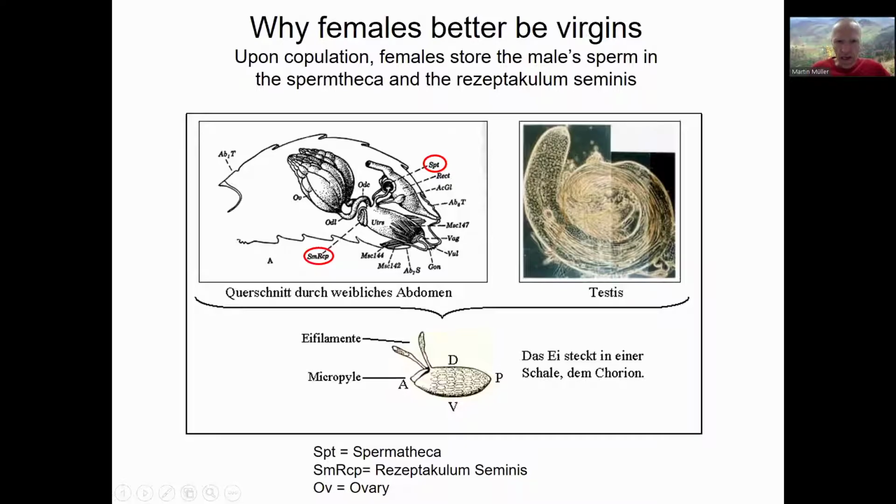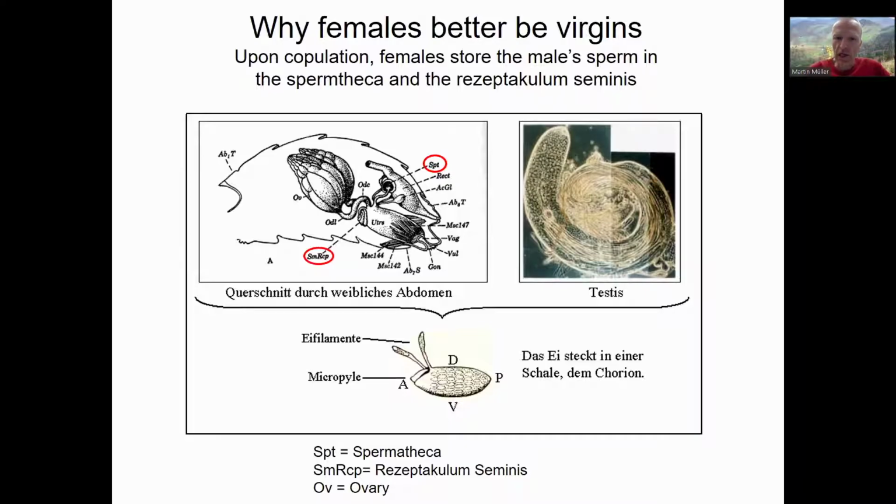Whenever an egg, a mature egg that the female produces here in the ovaries, is passed down here into the uterus, it is fertilized by a sperm coming out of one of these two containers. And so the female can fertilize many eggs with a single dose of sperm from a male. So this complicates things, of course.